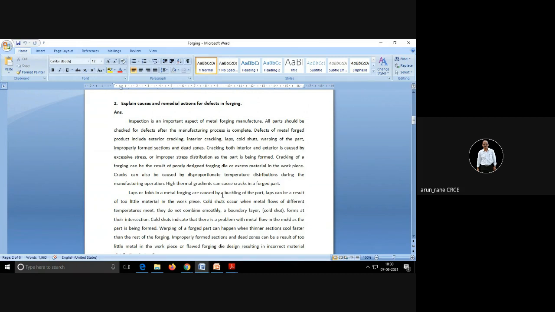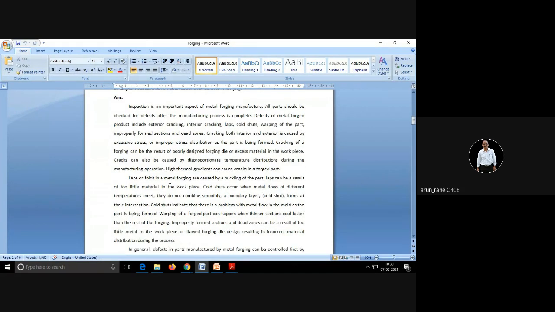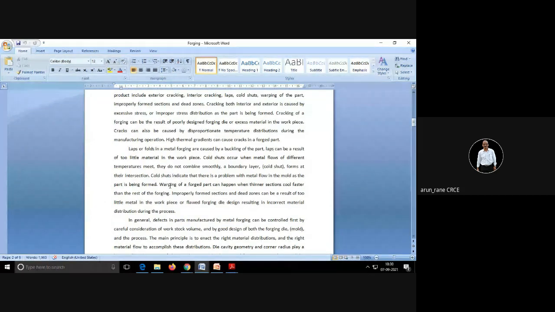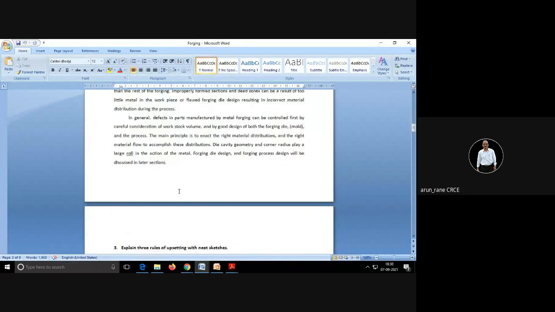You have cold shuts because the two fronts do not meet at the same time. Then you have improperly formed sections. So these are some common defects, and the most common defect in forging is the cracking because of uneven temperature across the surface and at the core.